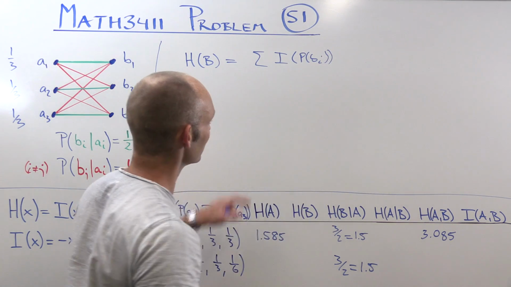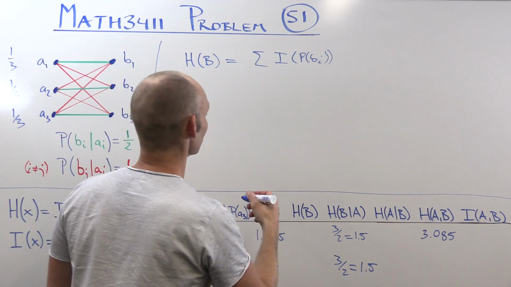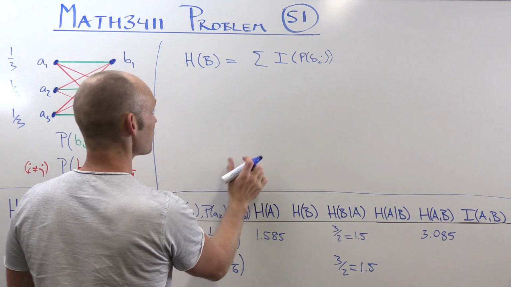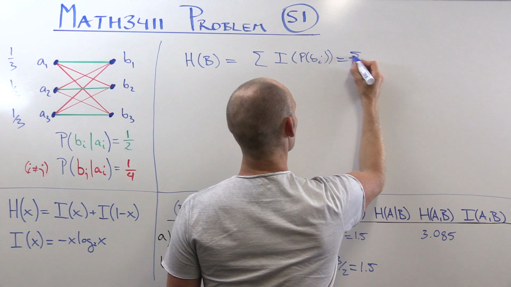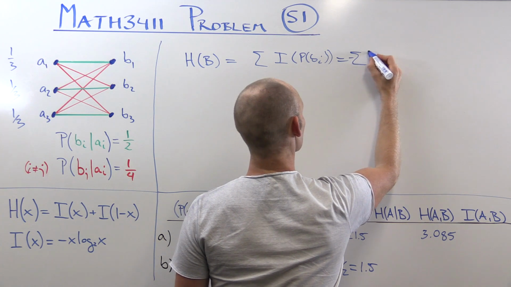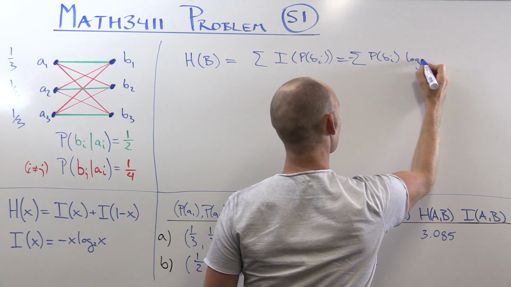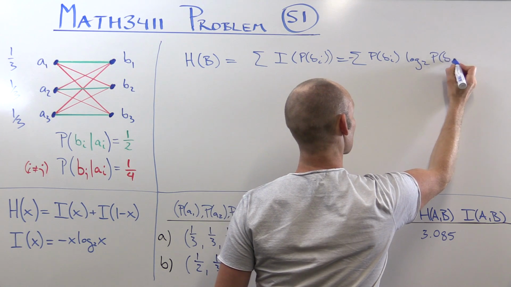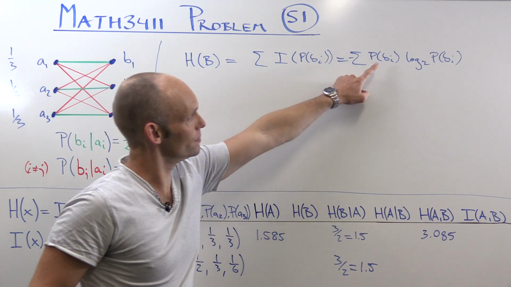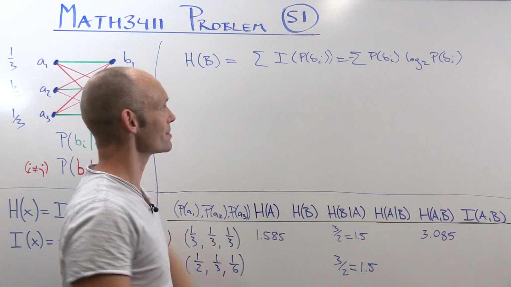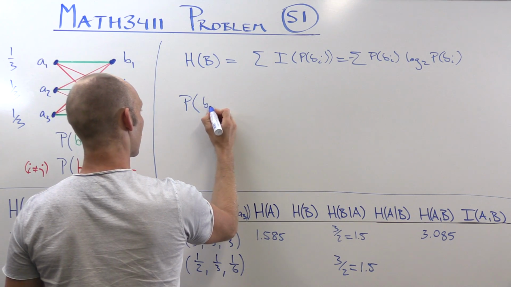Before I wrote just a_i, maybe that was a little bit confusing, but anyway, to write it explicitly, that's minus the probability of each b_i times the logarithm of that probability. Okay, so we need to find the probabilities of each of those b_i, so let's do that. So we've got P of b_i.